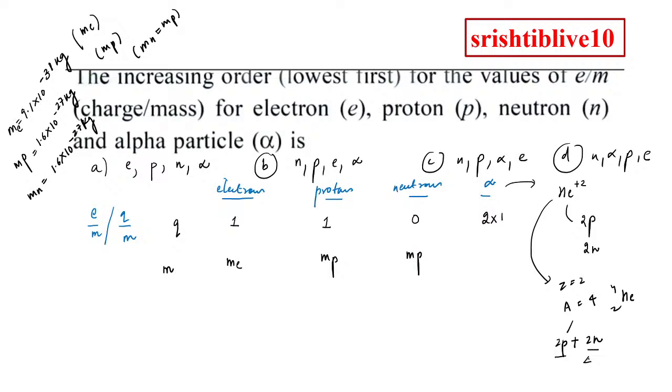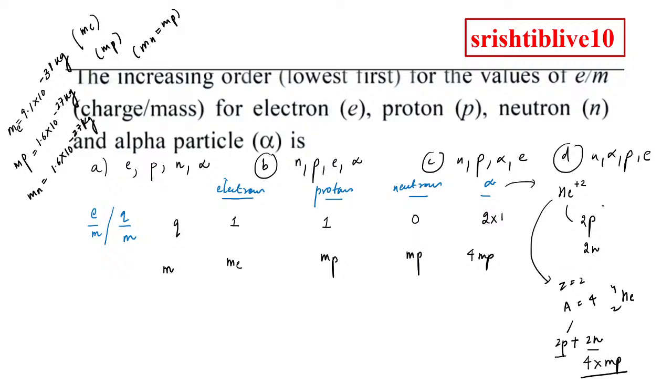So can I say 4 into the mass of proton is the mass of alpha particle? Can I write it this way, 4 Mp? All of you are clear with how I have substituted 4 Mp here.